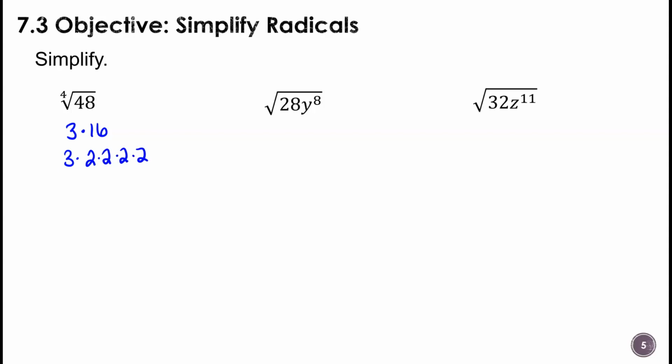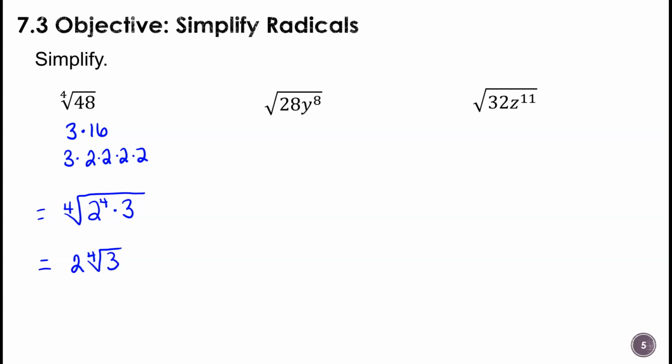So 2 times 2 is 4, 2 times 2 is 4, so that takes care of that. Under the radical, I'm going to have 2 to the fourth power times 3. Now I have grouped all my 2's into a power that matches my index, which gives me a root of 2 times the fourth root of 3.